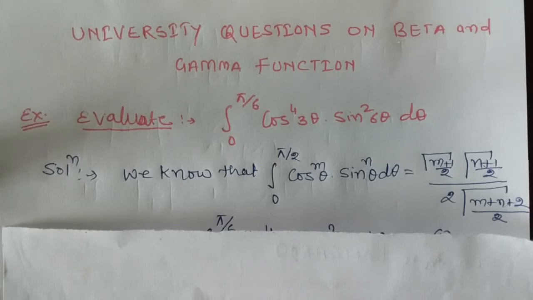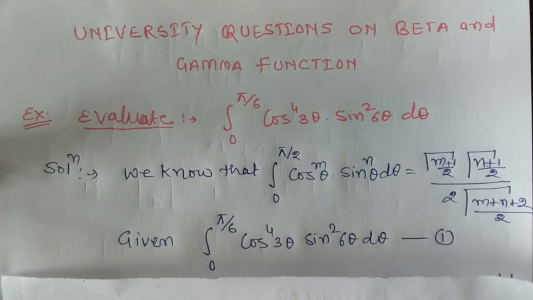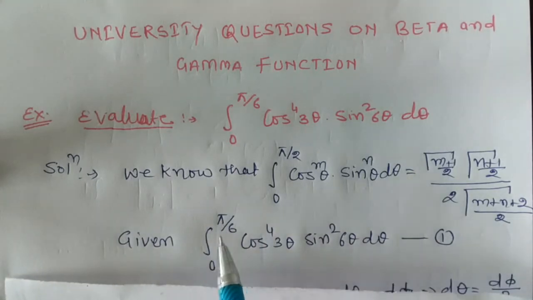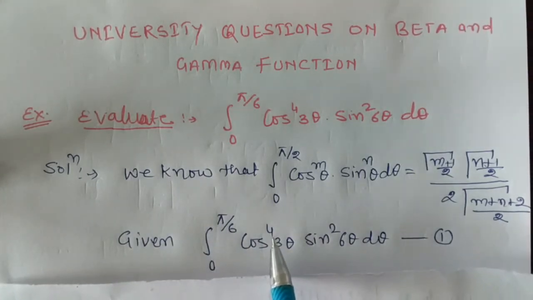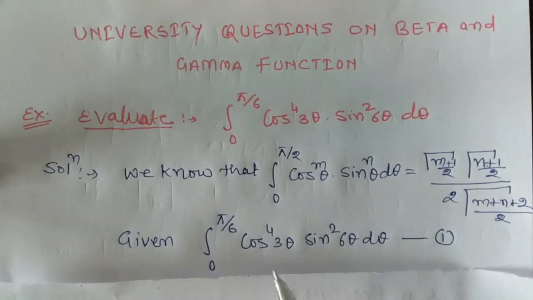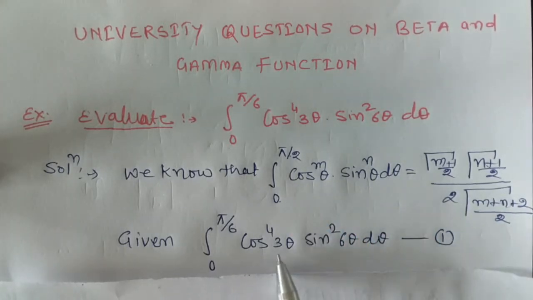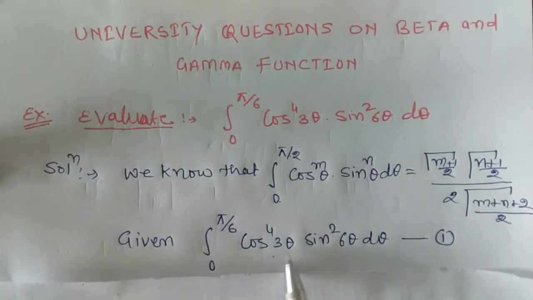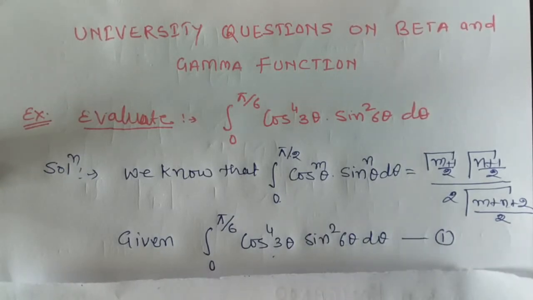Now the given integral is 0 to pi by 6 cos 3 theta power 4 into sin 6 theta square d theta. So neither the limit of given integral is 0 to pi by 2, which we required to use this result, nor the angle of cos and sine are same.